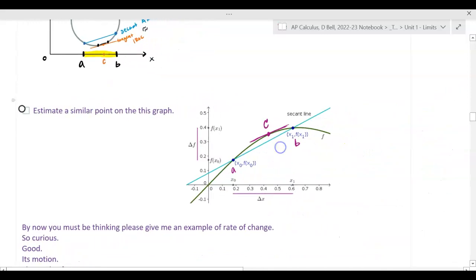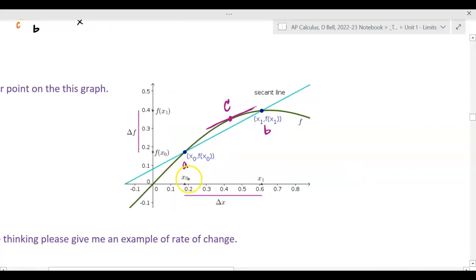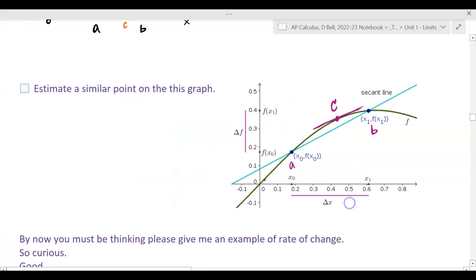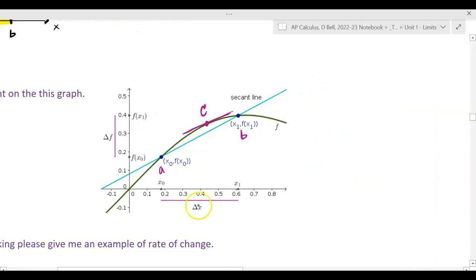If we look at this graph, x sub 0, that's a starting point. X sub 1 is our ending point, so our A and B. Remember, delta x means change in x. So the slope of the secant between A and B is drawn for us in blue.